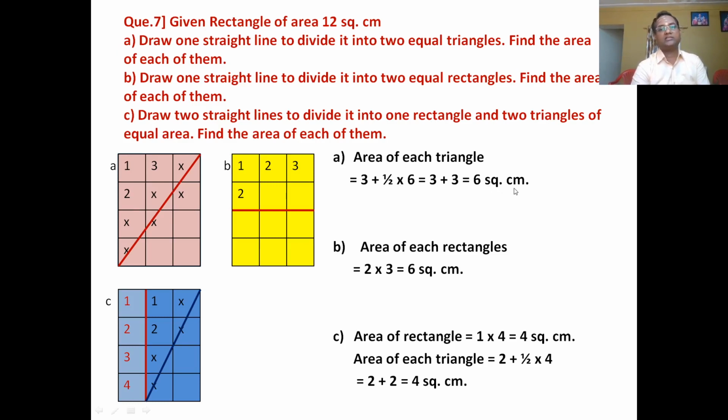So the total is 6 square centimeters. Both triangles formed here have equal areas of 6 square centimeters.